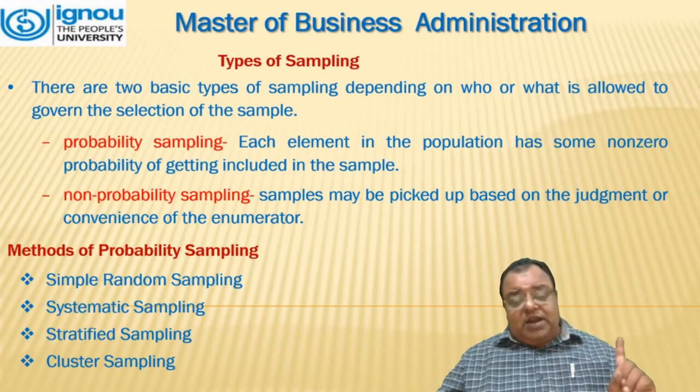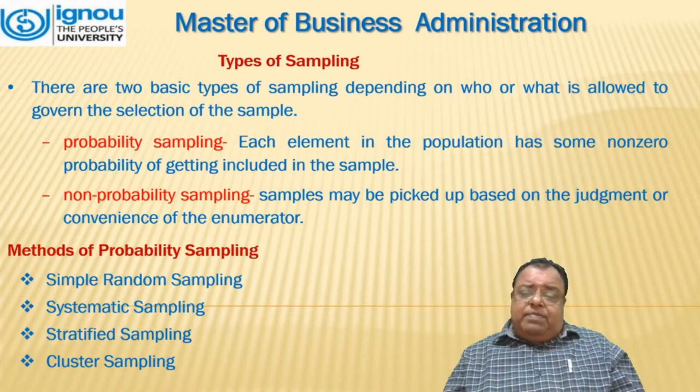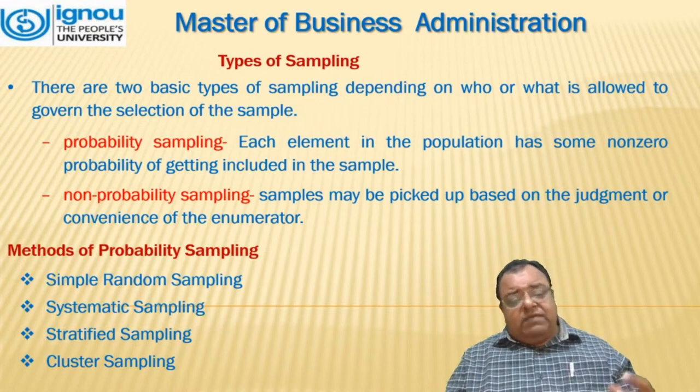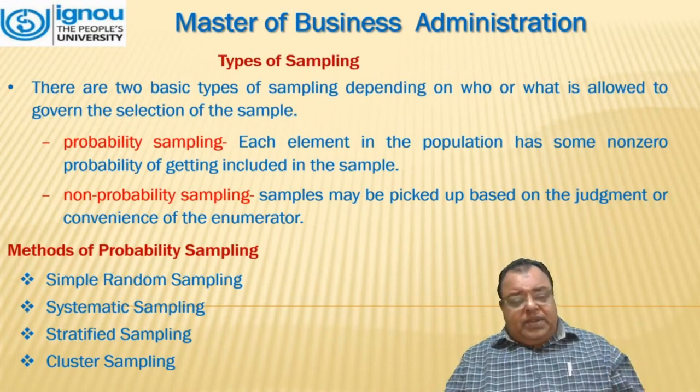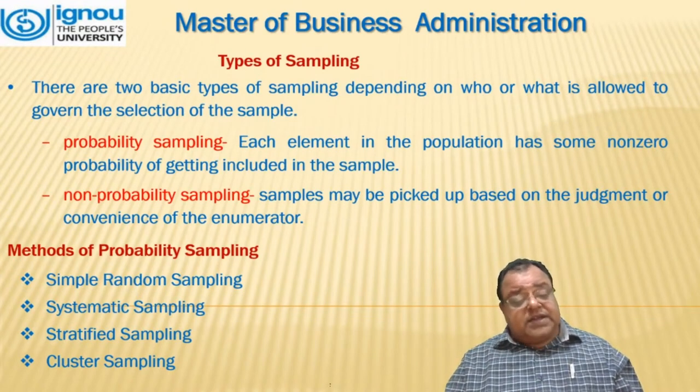The second one is non-probability sampling. Here, samples may be picked up based on the judgment or convenience of the enumerator. What are the methods of probability sampling? First one is simple random sampling. Second one is systematic sampling. Third one is stratified sampling. The fourth one is cluster sampling.